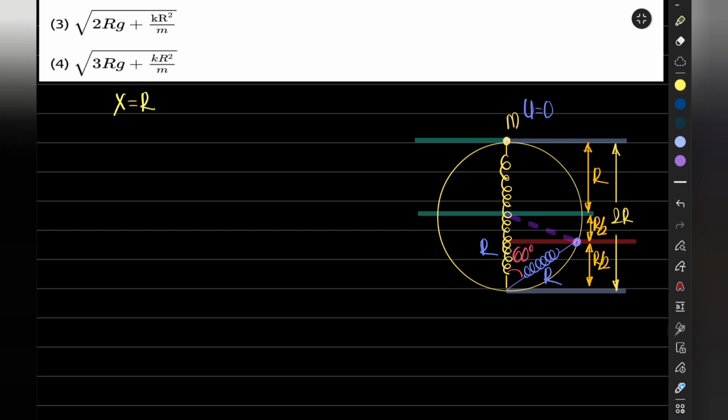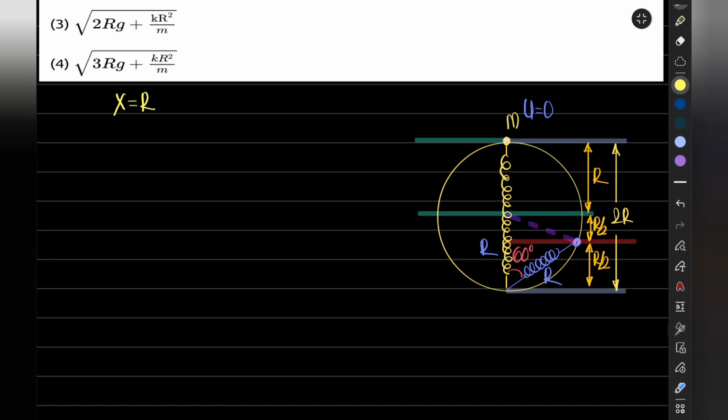After this, one more thing. Now many students have one misconception while solving this question, and that misconception is that while this bead is coming in the downward direction, this should be its final position where the spring will have the natural length r.